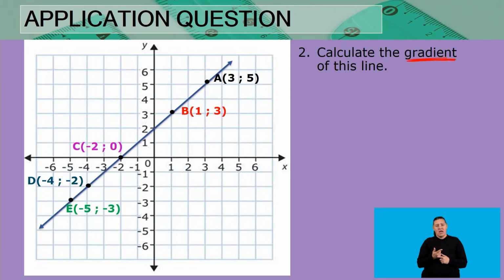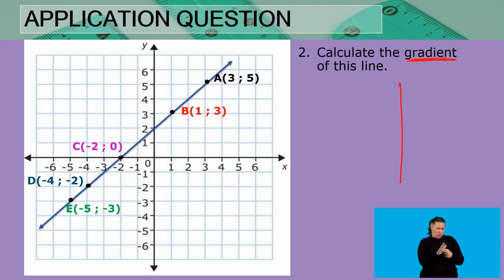But since we have multi-points on this line, they are collinear, remember, on the same line, we can choose any 2, and the gradient will come out the same.